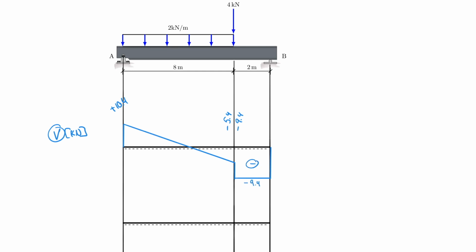This is our negative region, this is our positive region. And we need to indicate our slope, and that's why we calculated the function. One way of describing this is that from here to here, we're looking at a function that we determined to be minus 2x plus 10.4.